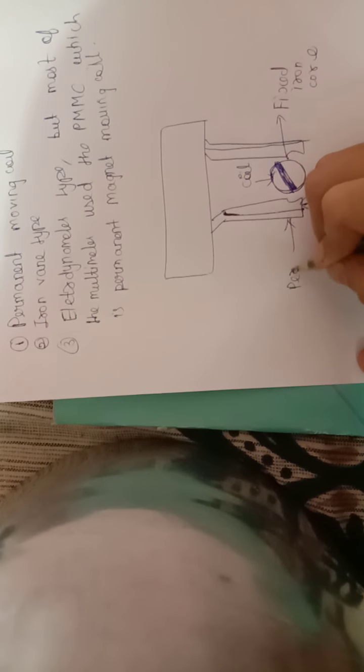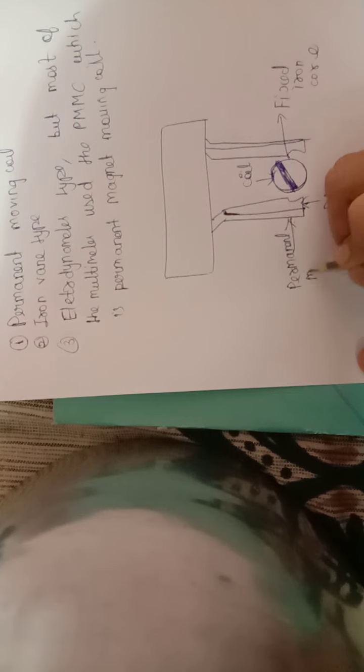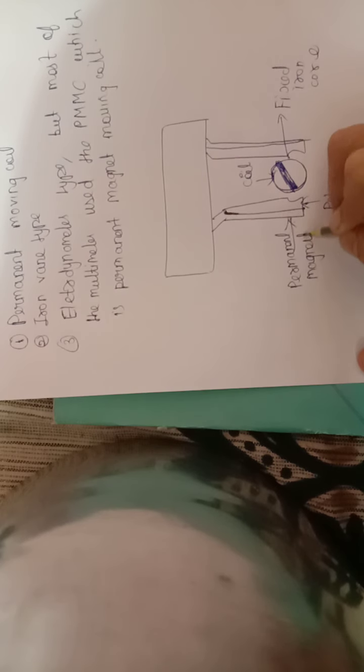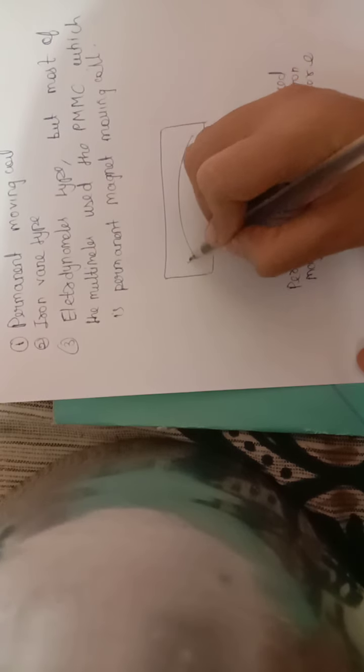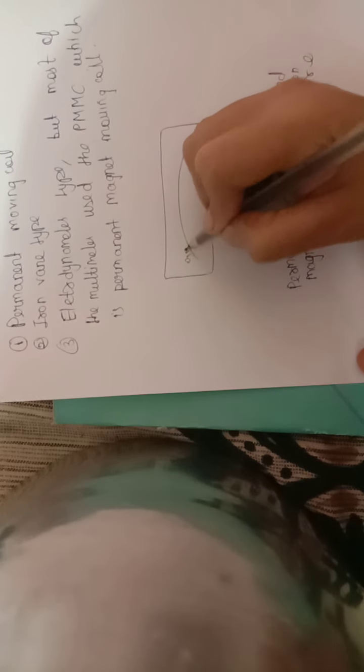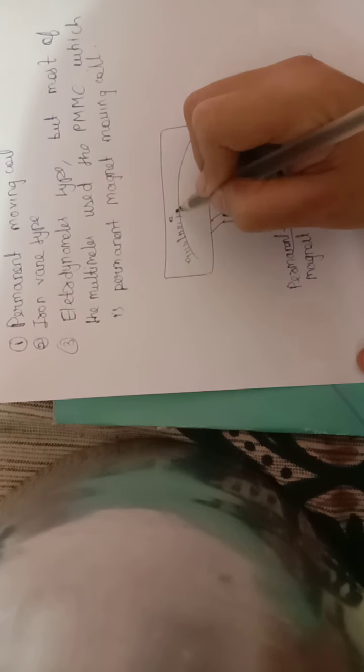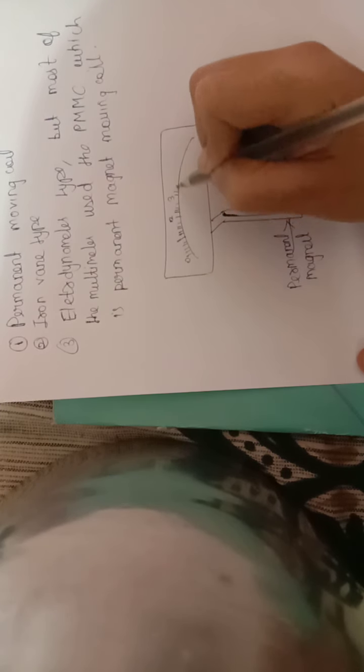The permanent magnet produces the torque on the coil. It is nothing but a scale which increases at different stages.